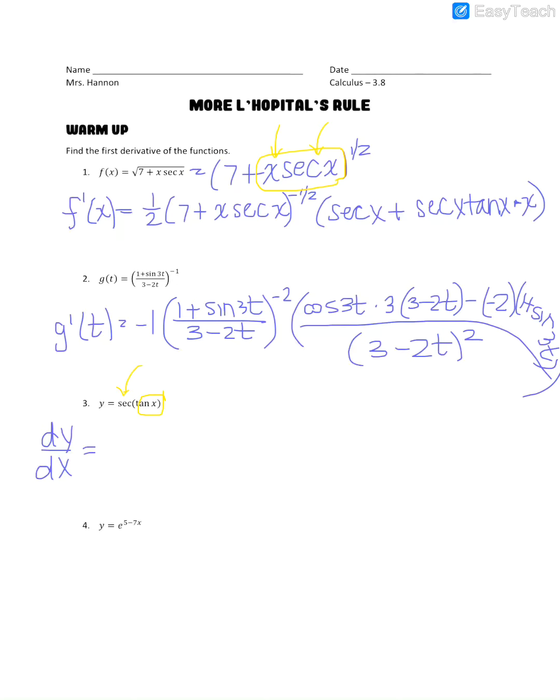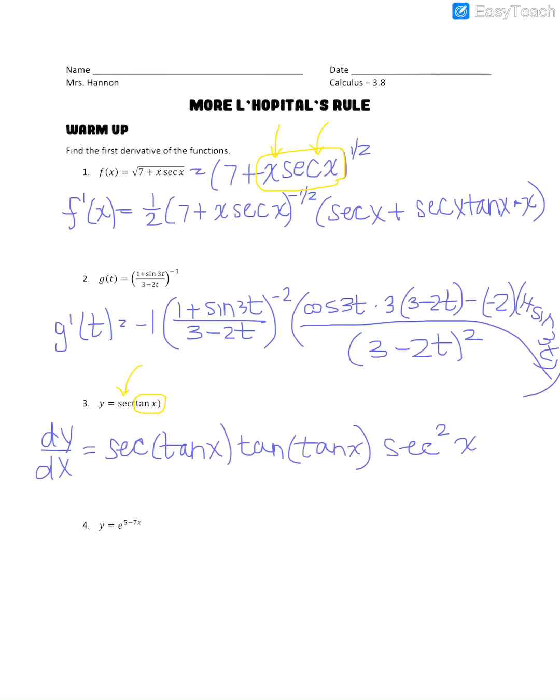So when we do our secant tan, we actually are doing tan x in each one of those trig functions. So we have secant of tan x, tan of tan x. And then the last thing is the derivative of the inside, which is the tangent x, which is secant squared x.